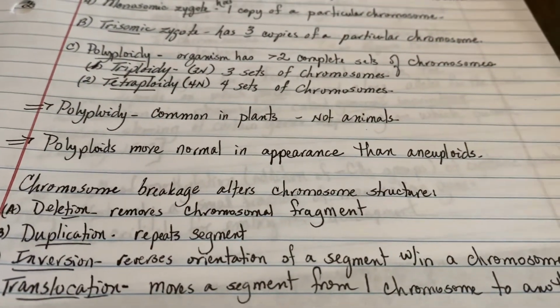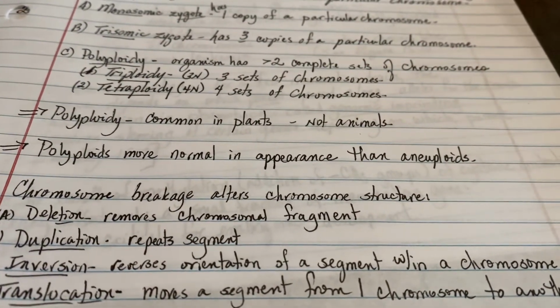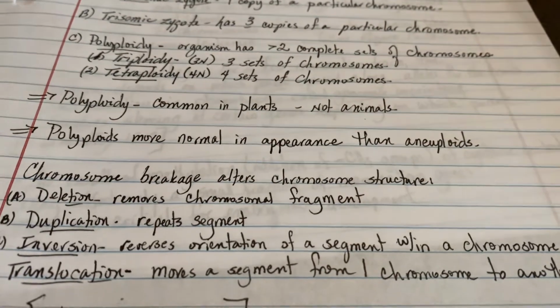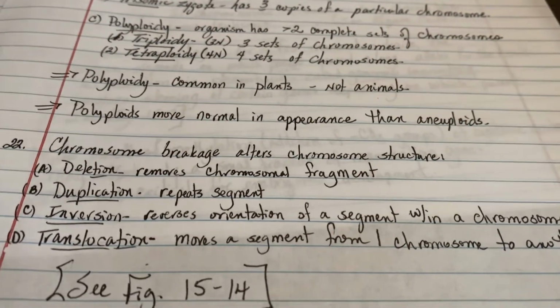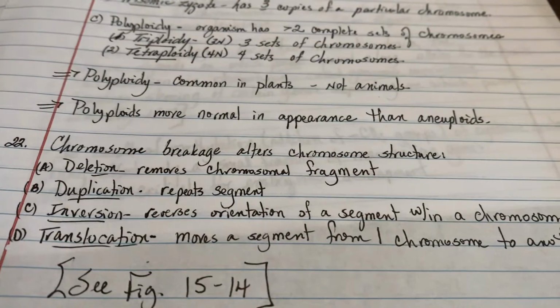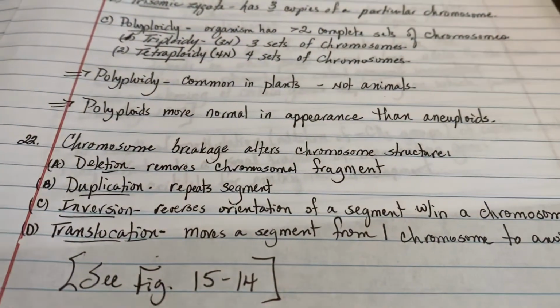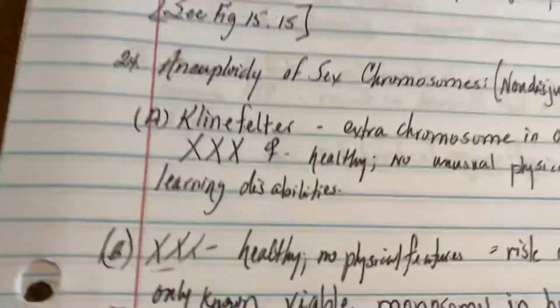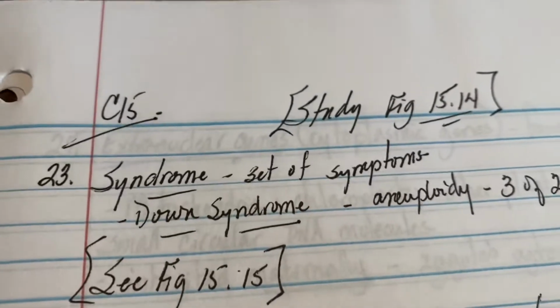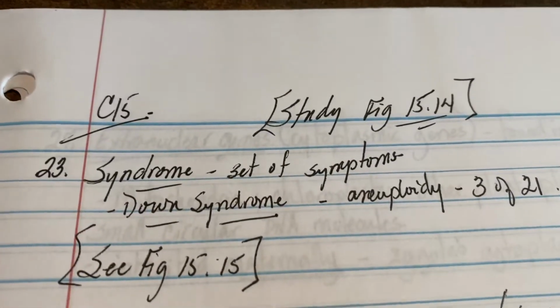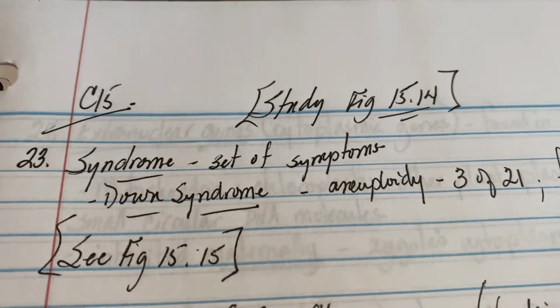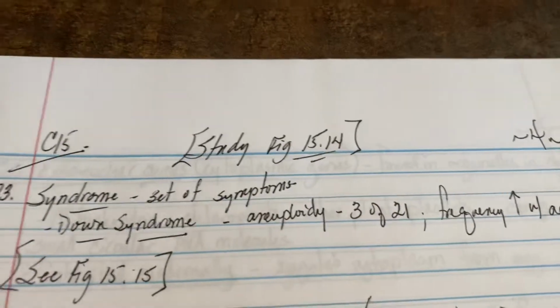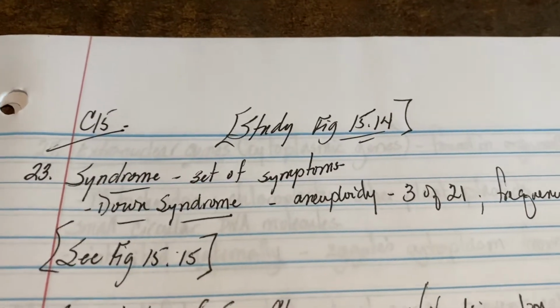All of these have varying effects on the phenotype. See figure 15.14. It will show you some of these aspects. So take the time to study figure 15.14, and then I'd like for you to look at 15.15.